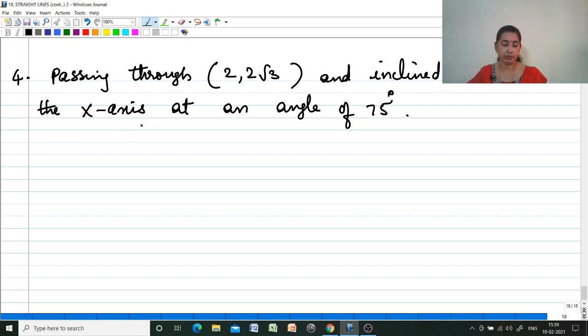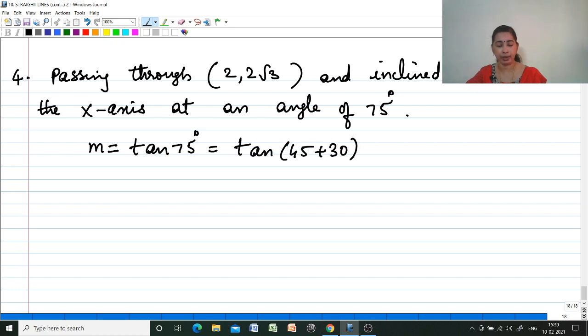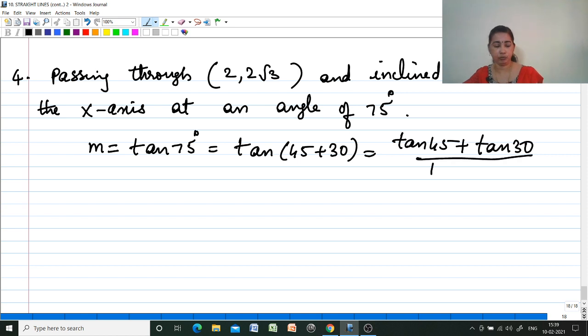So we can use the formula y minus y1 is equal to m into x minus x1. For that we have to find what is m. M is tan 75. Tan 75 we can write as tan of 45 plus 30, which is equal to tan 45 plus tan 30 divided by 1 minus tan 45 into tan 30.